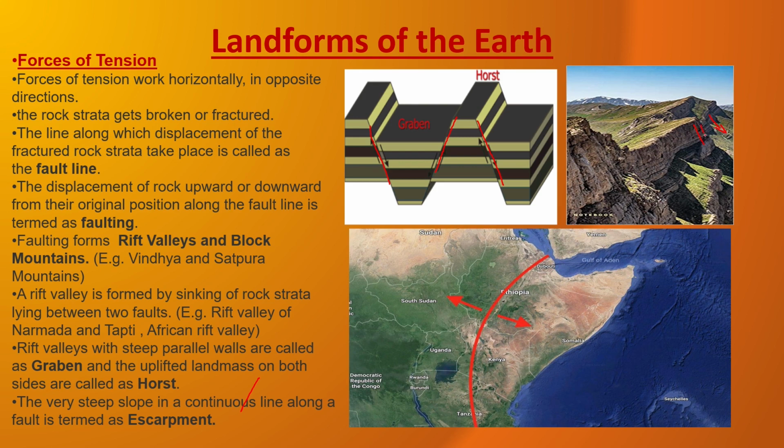And this particular line is called the fault line. The displacement of rock upward or downward from their original position. Here you can see how the rock strata has displaced.